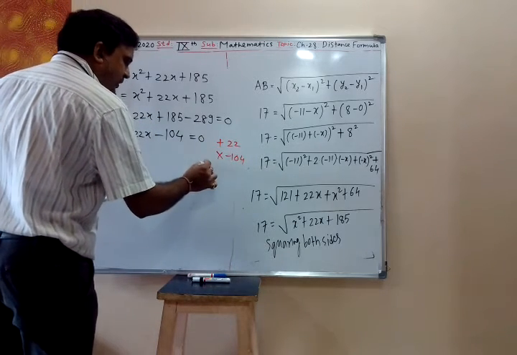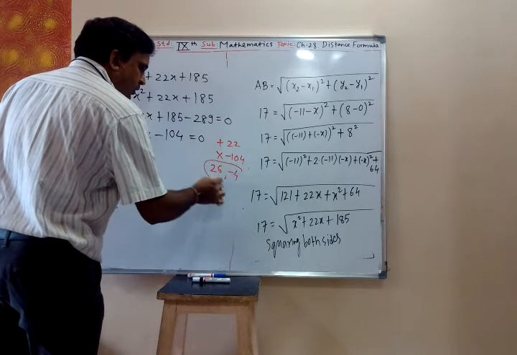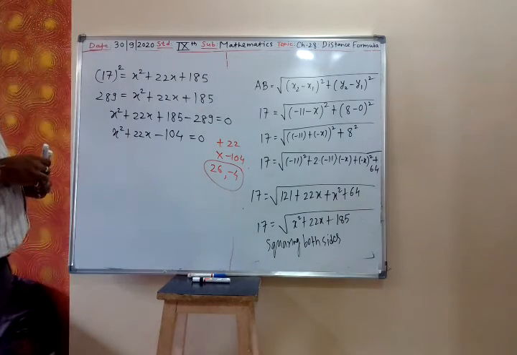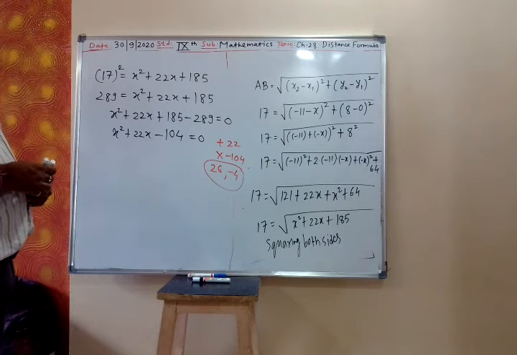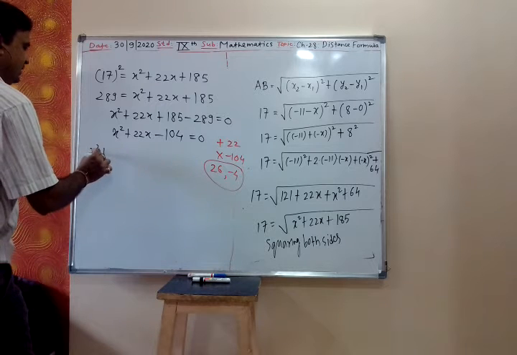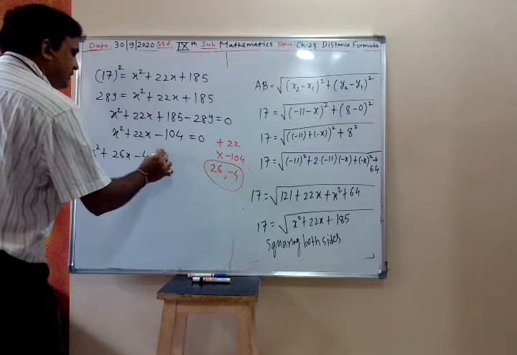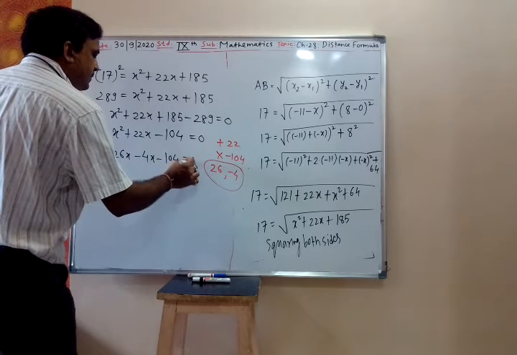So if you take the numbers 26 and minus 4, what is the sum of 26 and minus 4? 22. And what is the multiplication of 26 and minus 4? Minus 104. So I will write x square plus 26x minus 4x minus 104 is equal to 0.